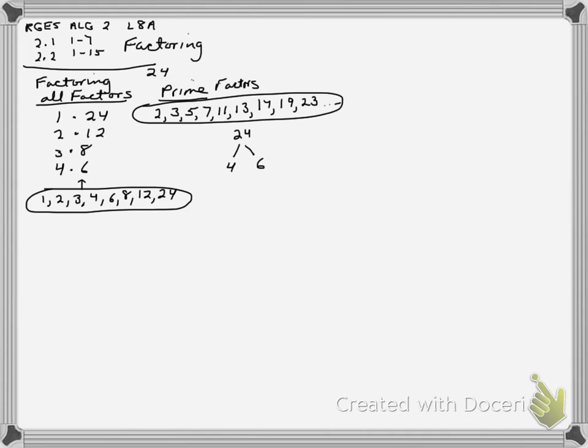Neither one of these is prime, so 4 is 2 times 2. Now 2's are prime, so when I get to my primes, I'll circle them. And 6 is 2 times 3, and 2 and 3 are both primes. So I have divided this number into its prime factors, which would be 2 times 2 times 2 times 3. And that would be the answer if I were to ask you to prime factor these numbers.